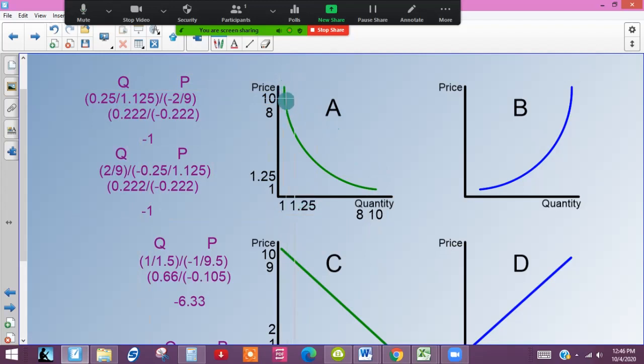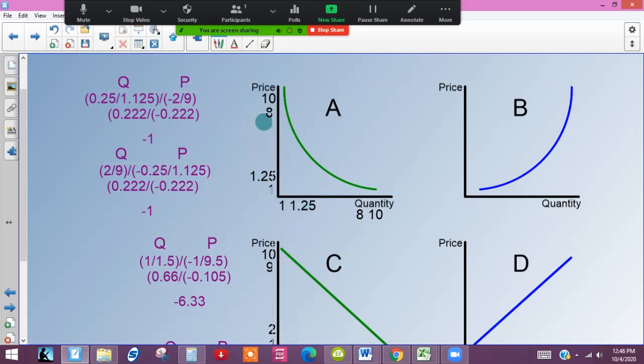Because when the curve is so downward sloping here, you're going to have a much larger change in price than you are in quantity, in terms of just the raw numbers. But because these numbers are higher, and these are lower, when you do the math, you're going to end up with a percentage change of 1.